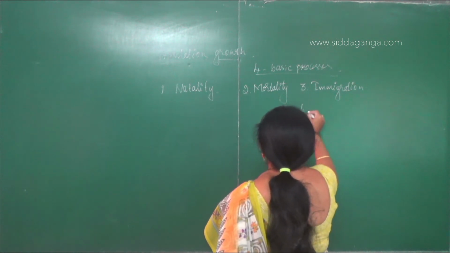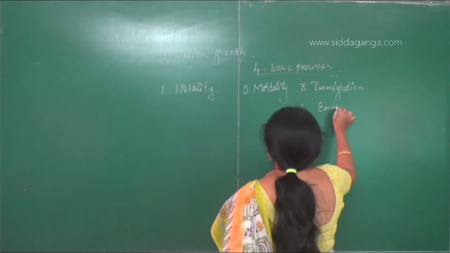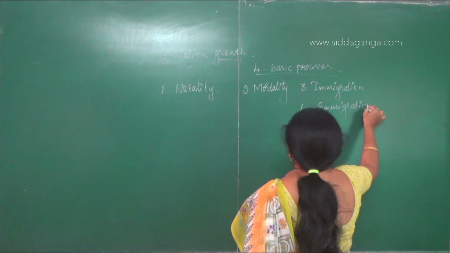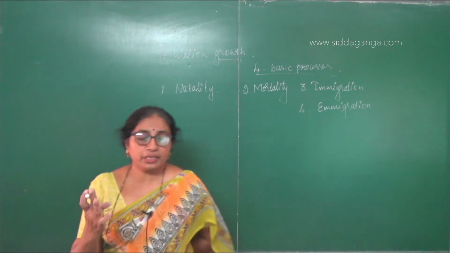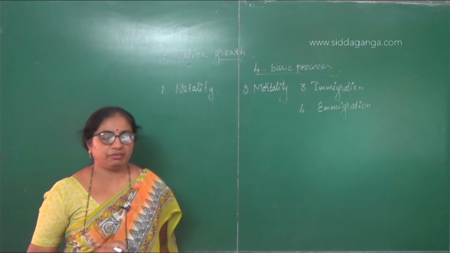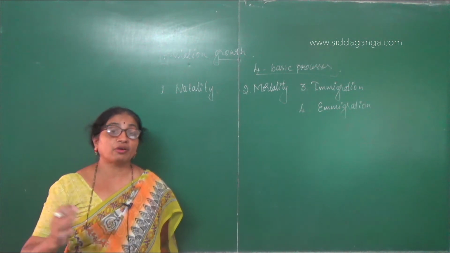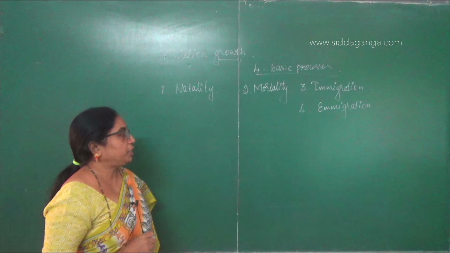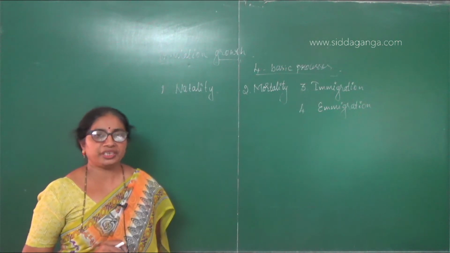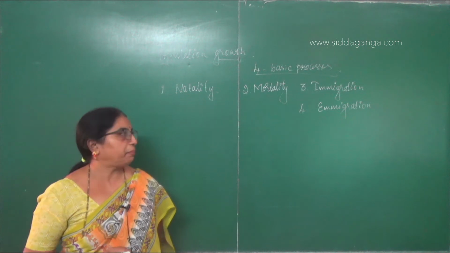And the fourth is emigration. So these are the four basic processes which will influence the population density, which may bring about a lot of fluctuation in the population density. So population size is simply referred to as the population density, and it is denoted as capital N.